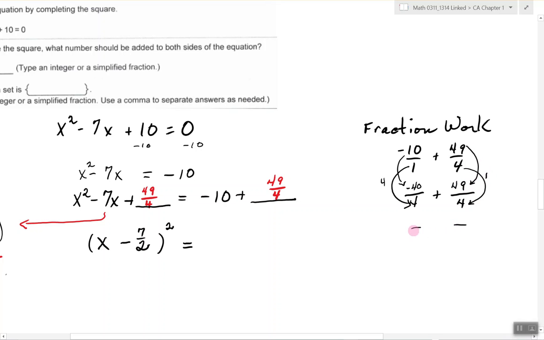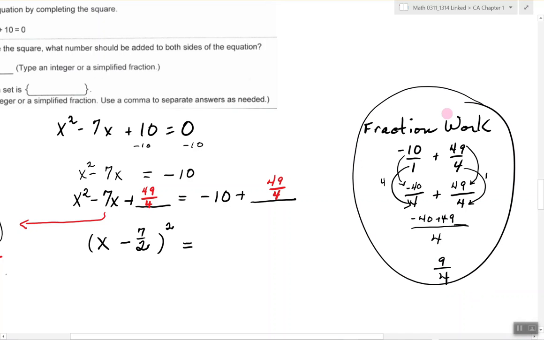Now I have a common denominator of 4. I have negative 40, positive 49, which gives me 9 over 4. That's my fraction work. So this sum is 9 over 4.